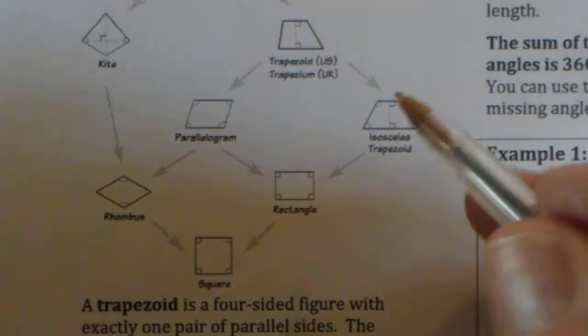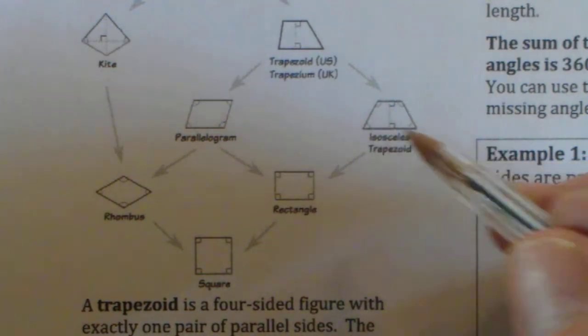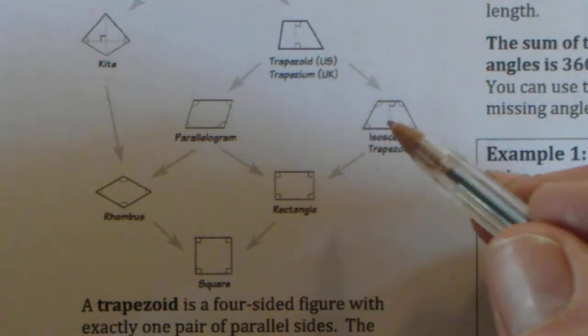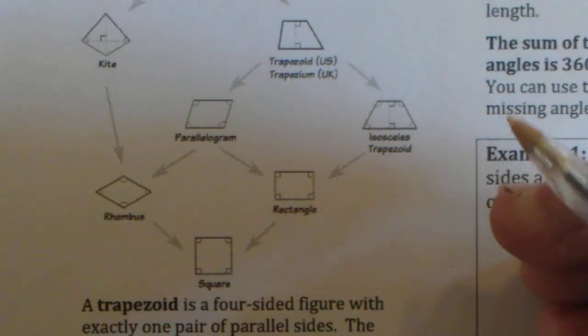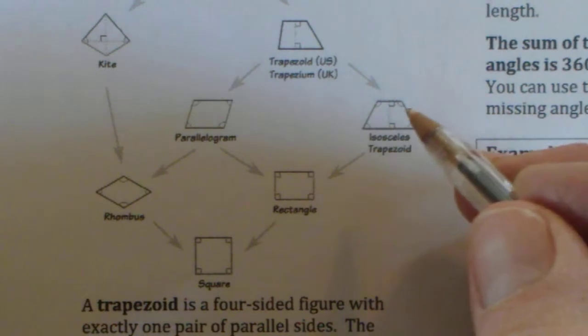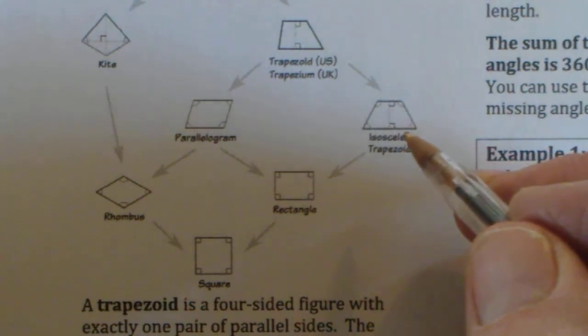Over here, this trapezoid, the sides that are not parallel are the same. Now, in a regular trapezoid, you have unequal sides here, right? When they're the same, it's called an isosceles trapezoid. They don't talk about that much.